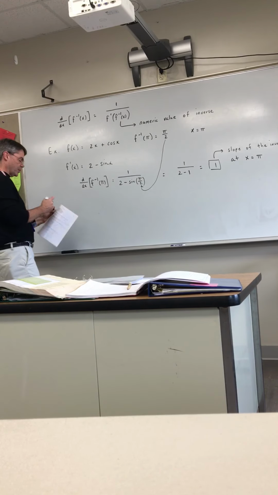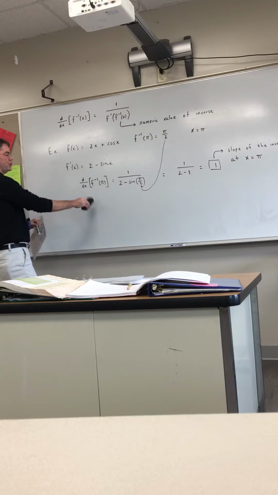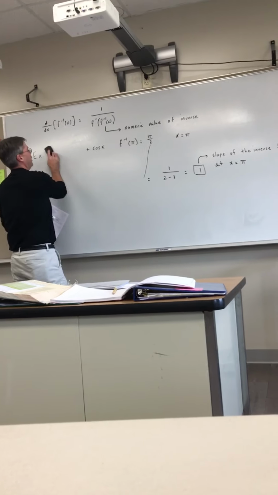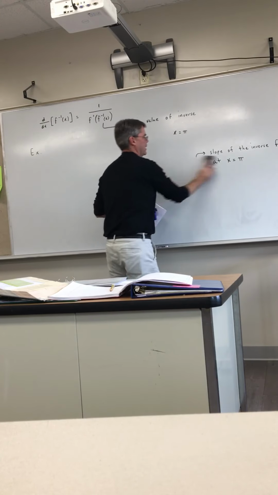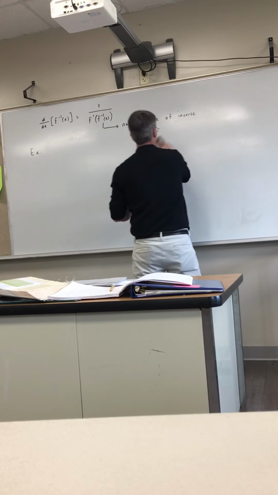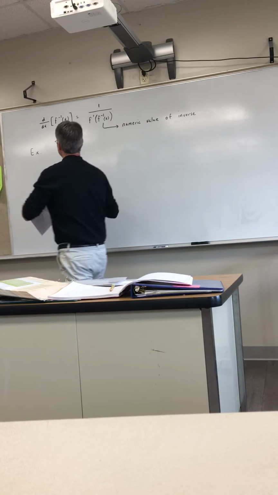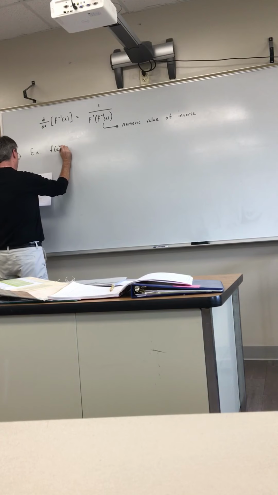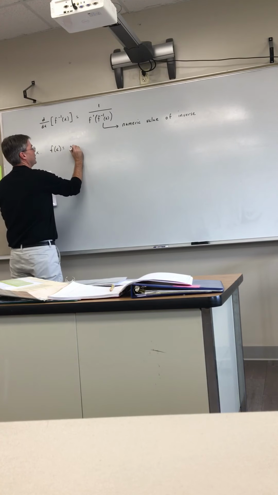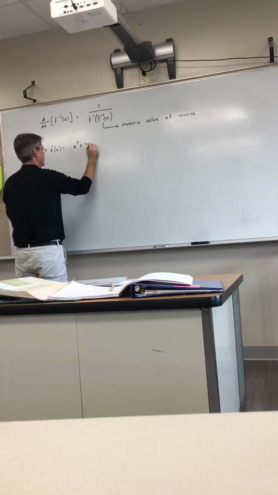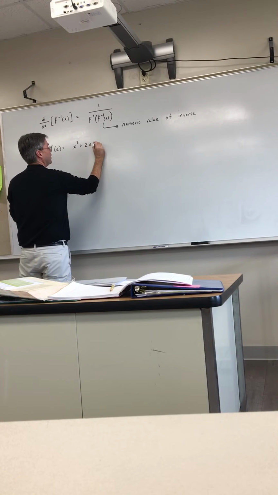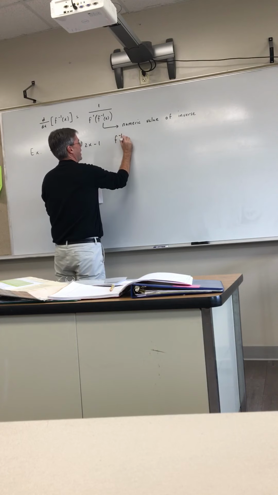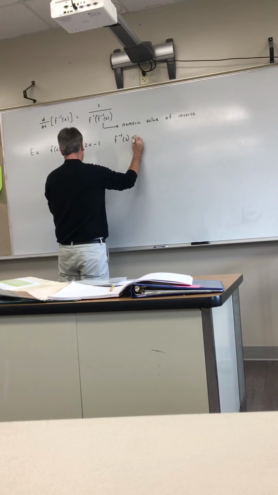All right, so for better video, instead of trying to squish all the next one down here, I'll erase this. All right, and the next one is we have f of x equal to x cubed plus 2x minus 1, and the inverse value at 2 is equal to 1.